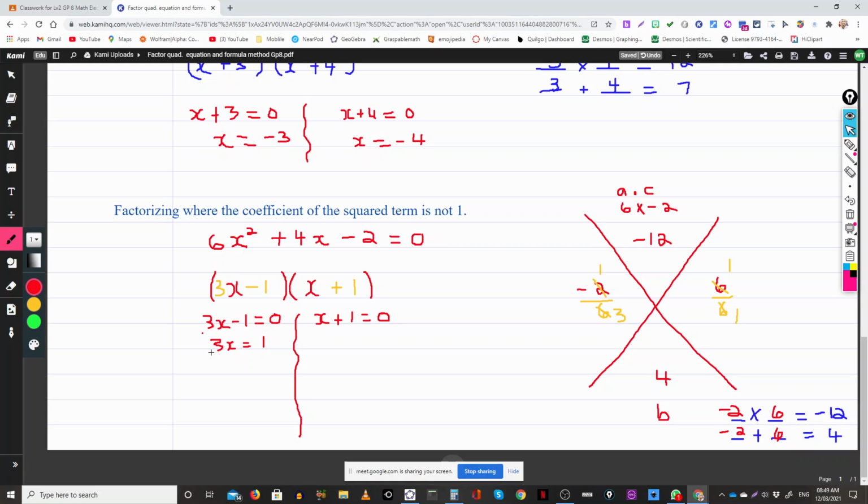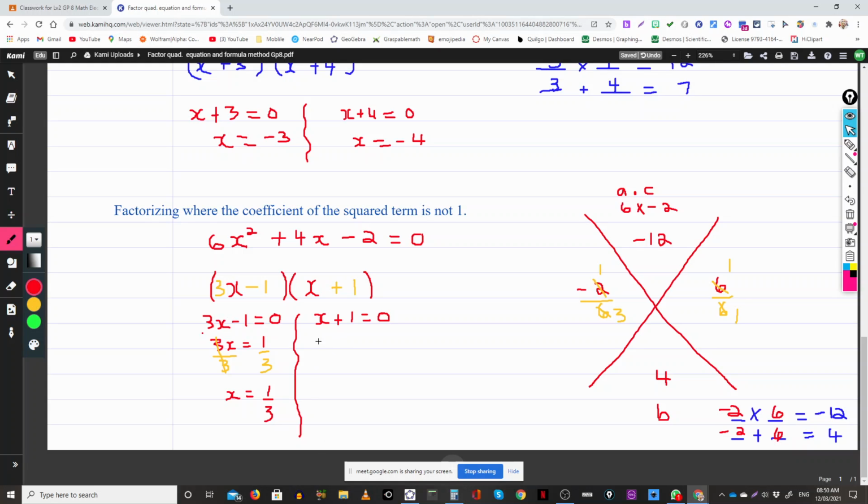It is connected by a product, so you divide. So you will divide by 3 here, and you will divide by 3 here. The 3's cancel, so your answer becomes x equals 1/3, or as a decimal, 0.333.